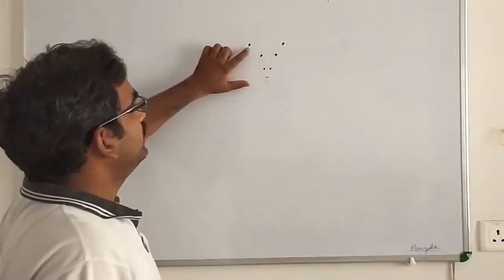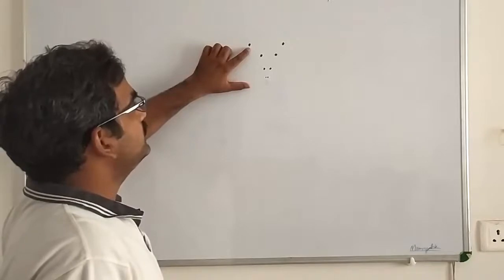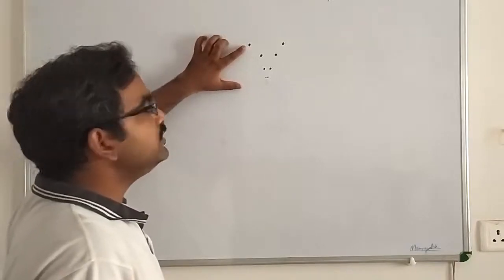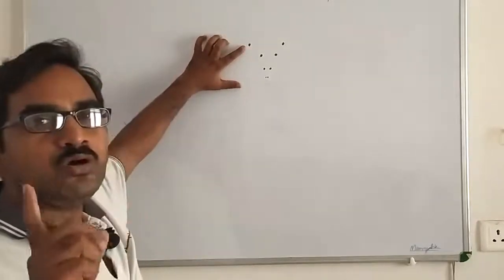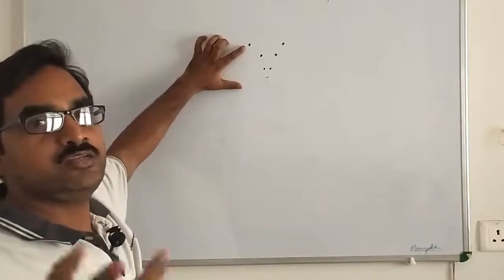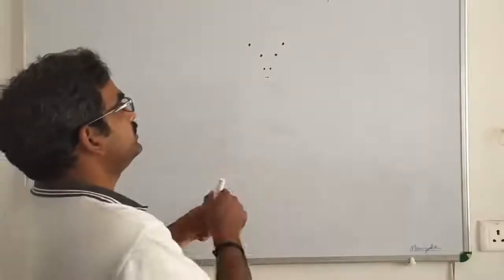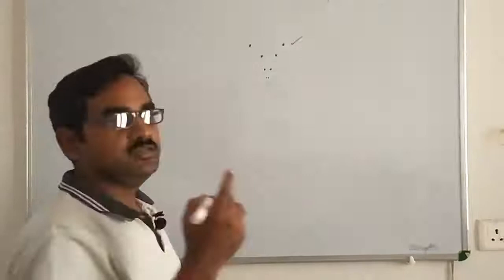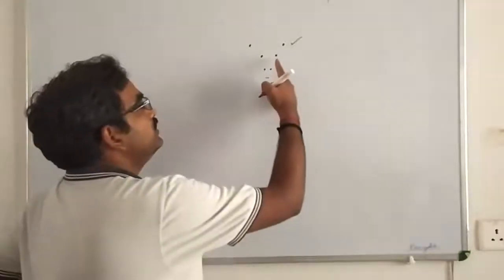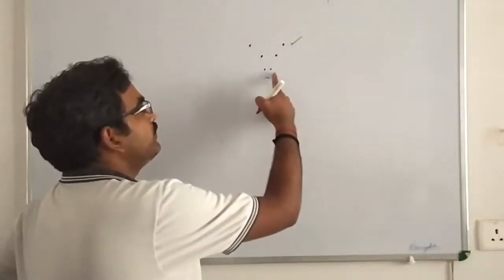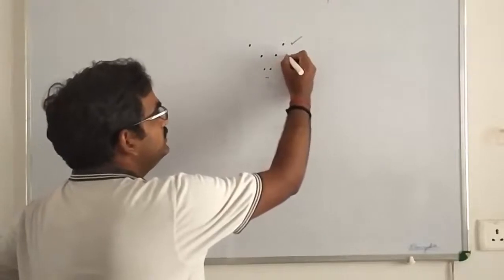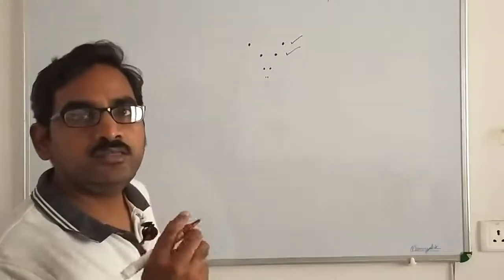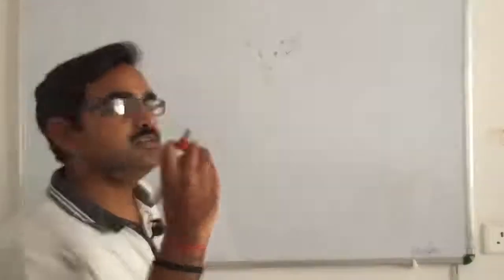If I ask the person, can you see these two dots distinctly? He said yes. I put a tick here. But when I asked him about the second one, he said yes, I can see the two dots distinctly.